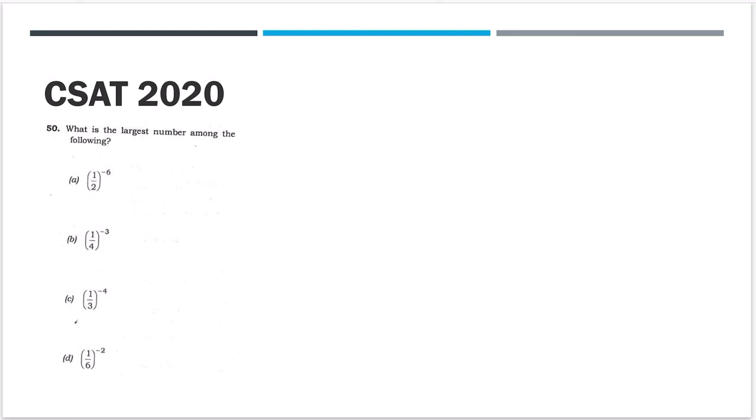I hope now you will get an idea what this negative power of a number means. If you don't know, you can go back and check the video. And again repeating that, suppose it is given 1 by 2 raised to power minus 6. Again, what does minus do? 1 by 2, we can also write it as 1 by 2 raised to power minus 1 raised to power 6.